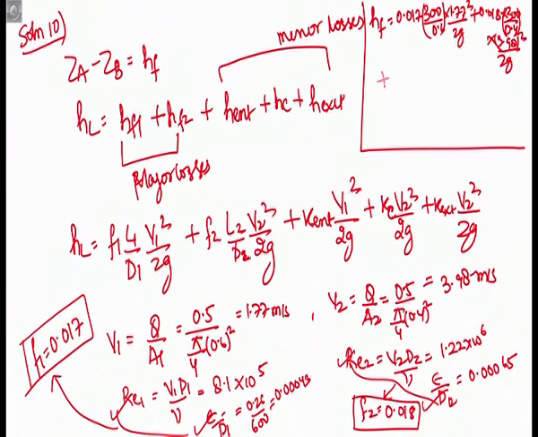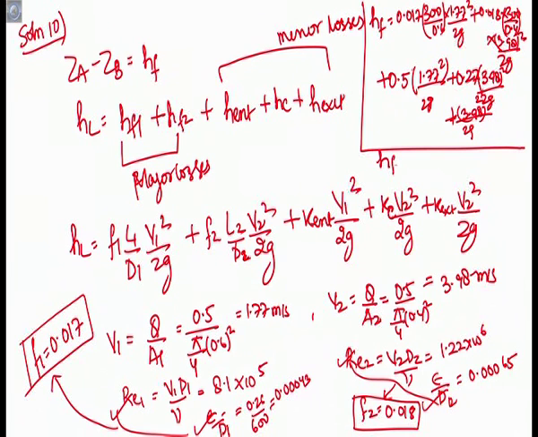These two are major losses, plus minor losses. The entrance was 0.5 into 1.77 square by 2g, and this 0.27 is given to us, or we can look it up in the table, into 3.98 whole square by 2g. The last one is exit, so the whole energy is going to be lost, so 3.98 whole square by 2g.